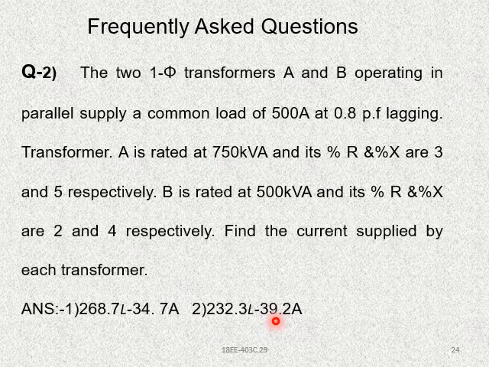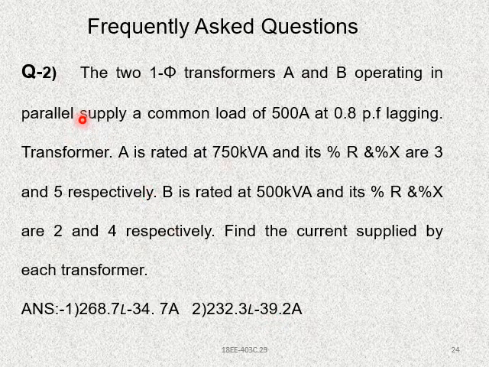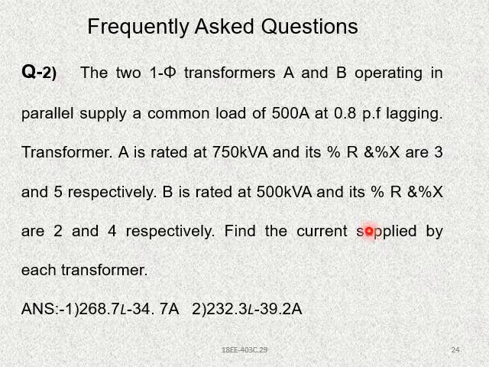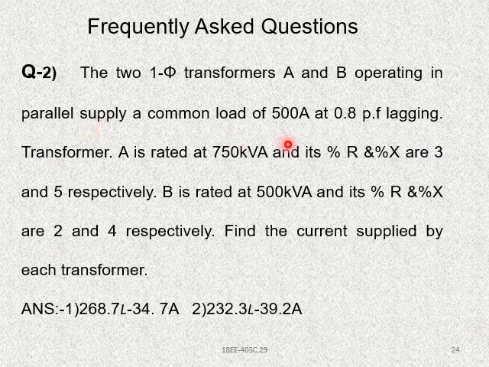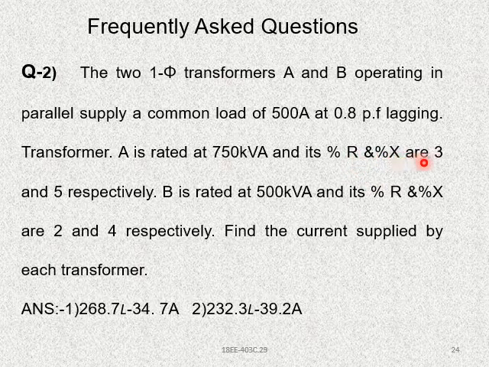The next question, number 2, is also a problem. I'll read it out for you. The two single phase transformers A and B operating in parallel supply a common load of 500 amps at 0.8 power factor lagging. Transformer A is rated at 750 kVA, and its percentage resistance and percentage reactance are 3 and 5 respectively.